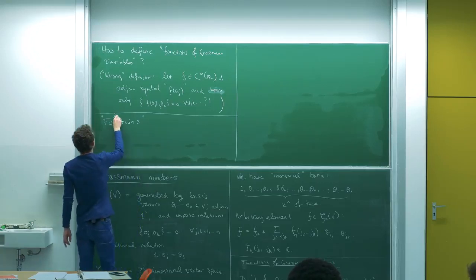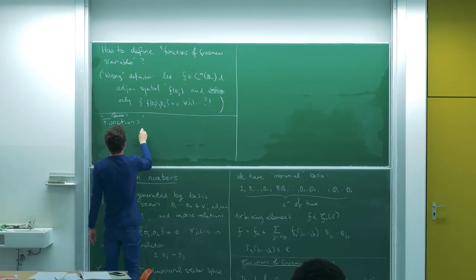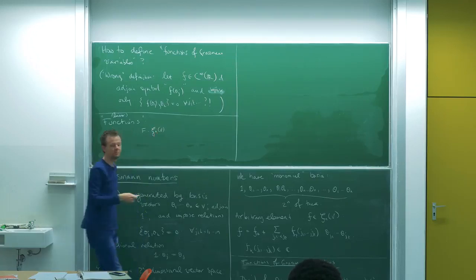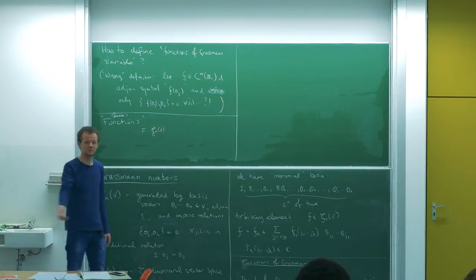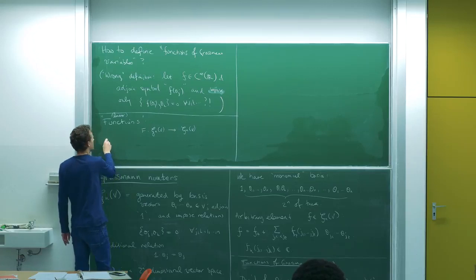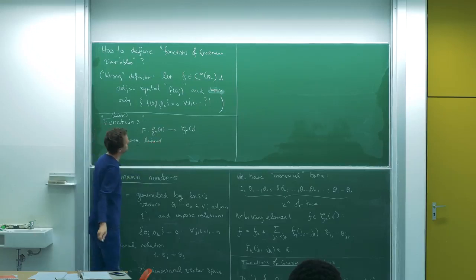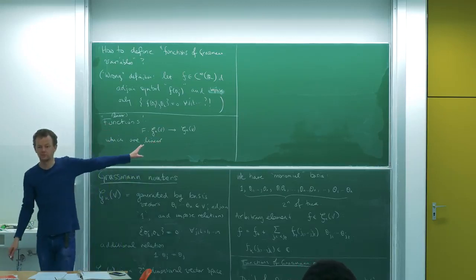So I'll start with linear functions. Linear functions, what are they? Well, they should take a Grassmann variable and give us another Grassmann variable. So this is a pretty natural thing to want to impose.